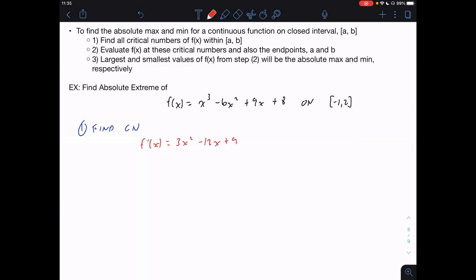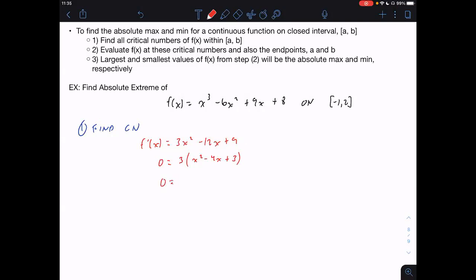To recall what we do afterwards, set this equal to 0. These three coefficients, 3, -12, 9, have a common factor of 3, so let's pull out a 3 to the front, leaving us on the inside with x squared minus 4x plus 3.